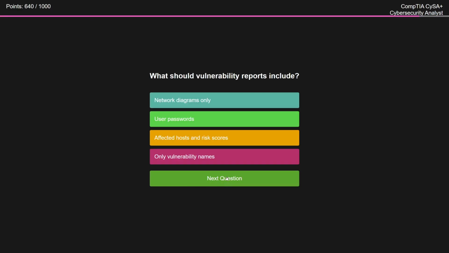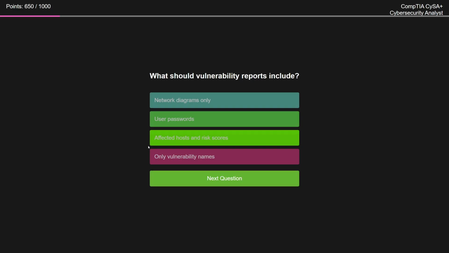What should vulnerability reports include? Network diagrams only, user passwords, affected hosts and risk scores, or only vulnerability names? I'd say affected hosts, because you want to know what the actual vulnerabilities are.